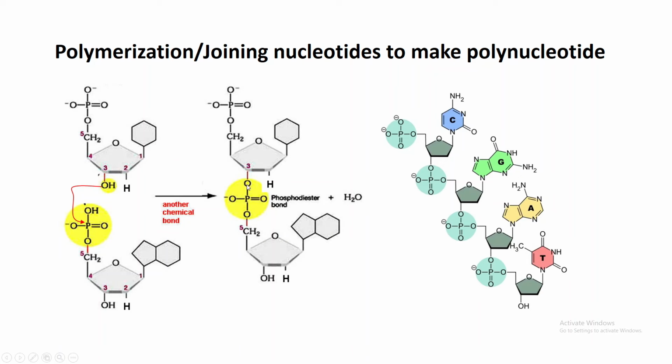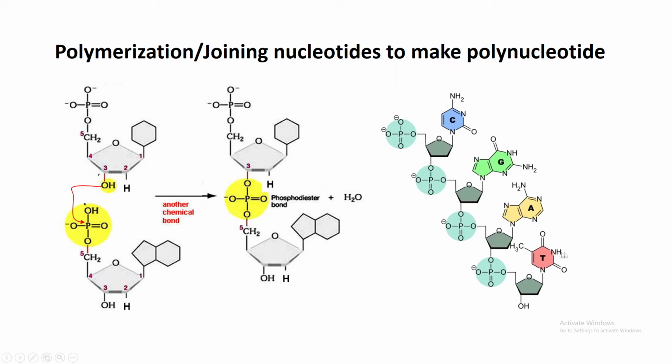So this bond which is formed between the oxygen on carbon number 3 and the phosphate on carbon number 5 is called a phosphodiester bond. And this defines the direction of a DNA backbone. So it runs in the 5 to 3 direction. That means this 5 carbon joins with this 3, and another 5 will join with the other 3.